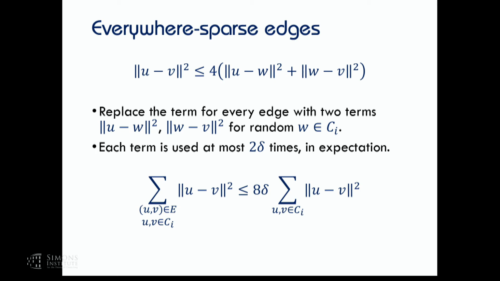Okay? And note that this expression is the cost of the cluster. And 8 theta is very small. So what we see is that the contribution of these terms corresponding to the distorted edges is very small compared to the total cost of the cluster. And essentially we can ignore it.